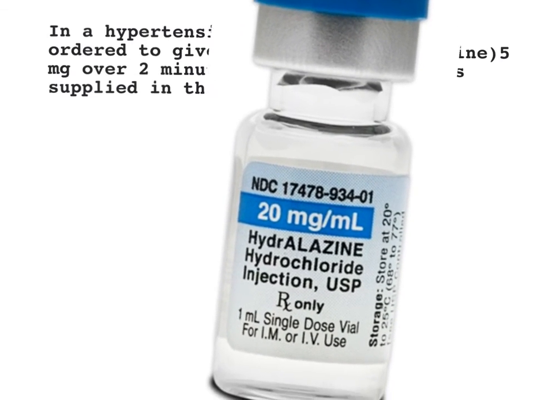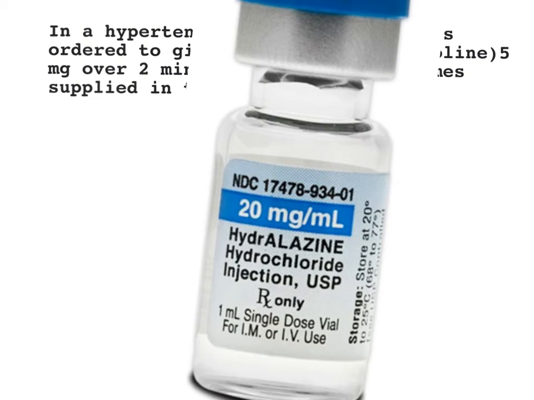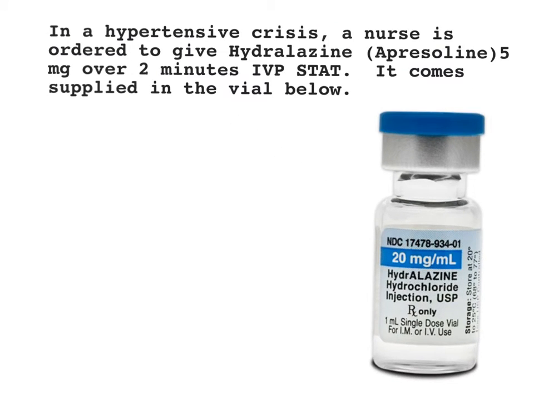Okay. All right, so we have this dose. This is what we have: 20 milligrams per ml. Okay, so let's set up our problem. In dimensional analysis, we want mLs.